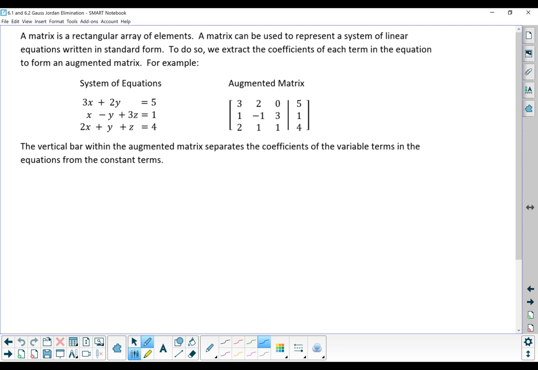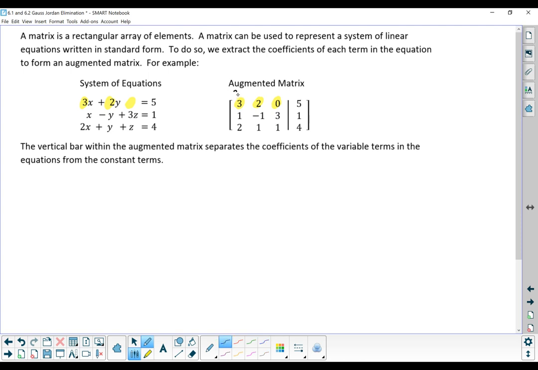So in order to use a matrix to solve a system of equations, we create what's called an augmented matrix. So for our system here, we take the coefficients from the equation and we put them in a row. So there's 0z there. So that first row in the matrix represents that first equation.